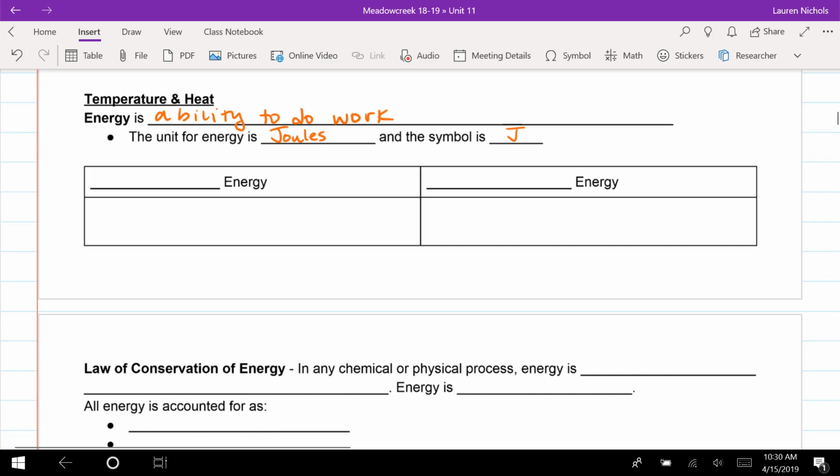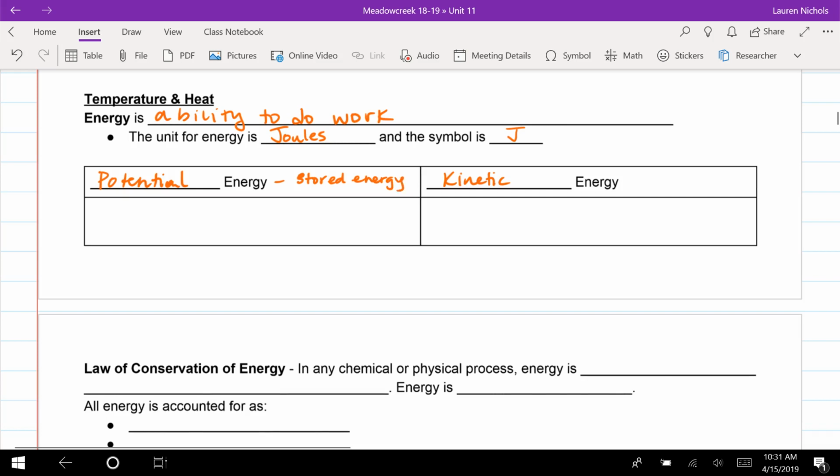There are two main types of energy: you either have potential energy or you have kinetic energy. The key difference is that potential is stored energy.